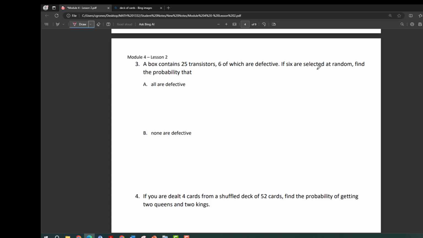If 6 are selected at random, find the probability that all are defective or none are defective. So we have 25 total transistors, and we have 6 that are bad. So if 6 of them are bad, then that means 19 of them are good.